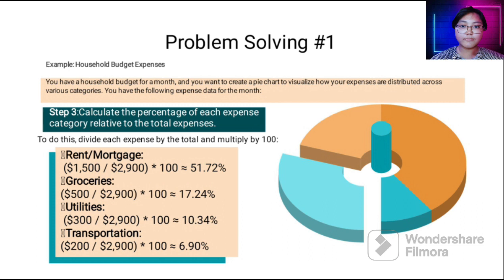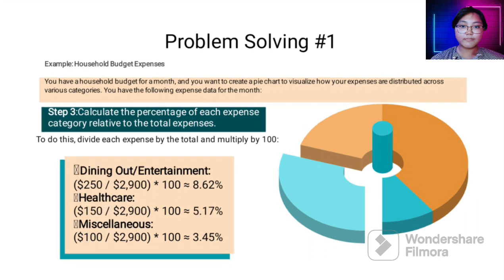We will also apply this formula to the other expenses, which will now give us groceries 17.24%, utilities with 10.34%, and transportation with 6.9%, dining out or entertainment with 8.62%, healthcare is 5.17%, and miscellaneous is 3.45%.